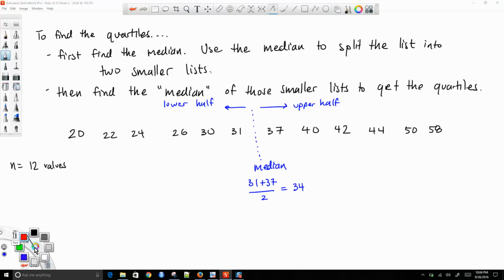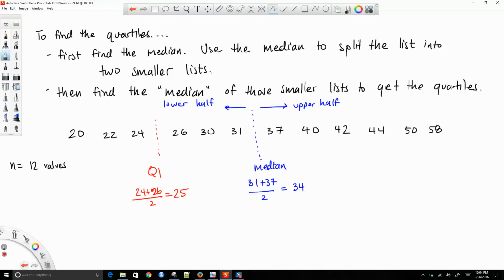So I'm going to split that right here. Just looking at the lower half, I've got 3 that are smaller and 3 that are bigger. Can you guys see that? So this is going to be Q1. Q1 is 24 plus 26 divided by 2. Q1 is equal to 25.